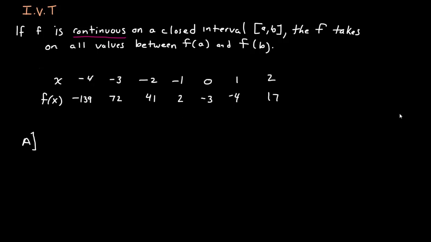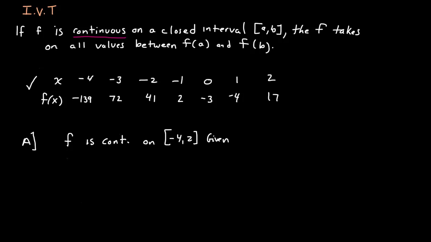Here's a table of values, some x and y values, and the given information tells us this function is continuous at all points between -4 and 2. And in part A, it wants to know how many times will the function obtain the value -120. Even though it's given, we want to state it because it's important: there's no teleporting. f is continuous on [-4, 2].